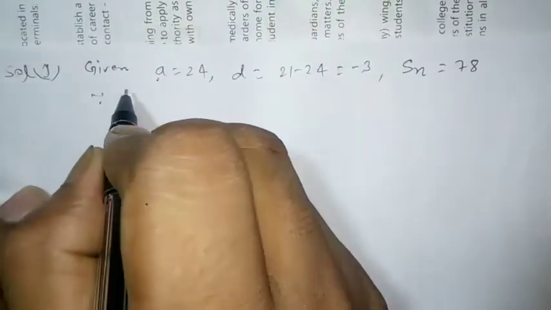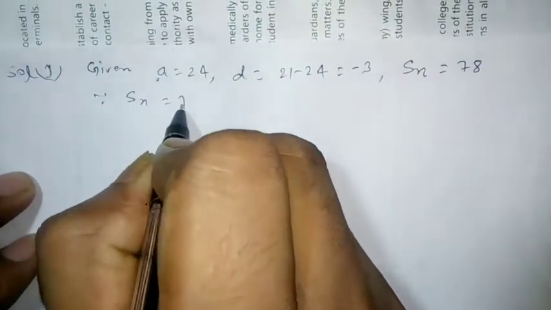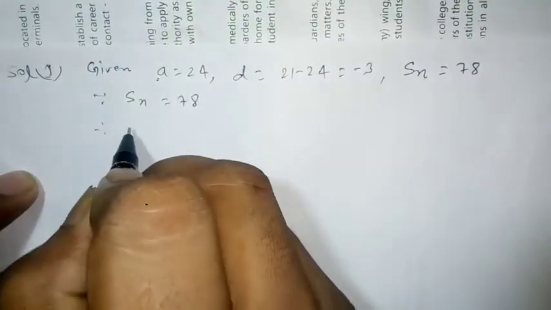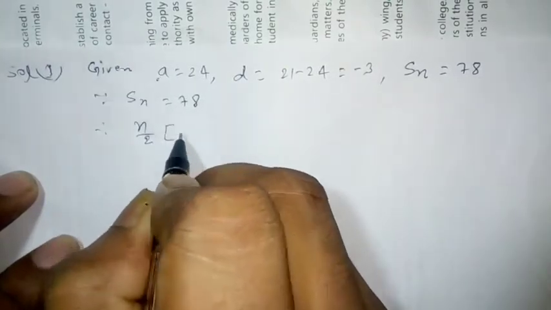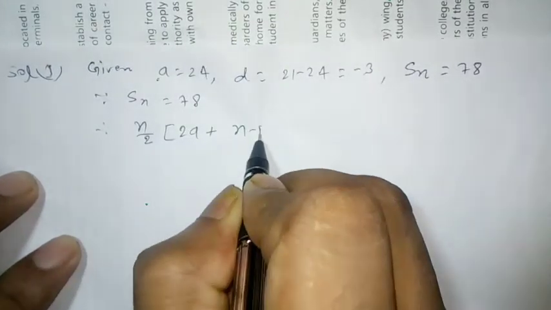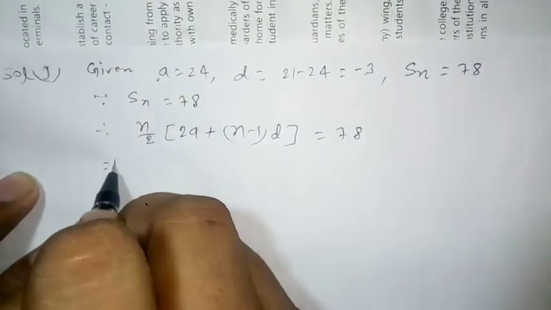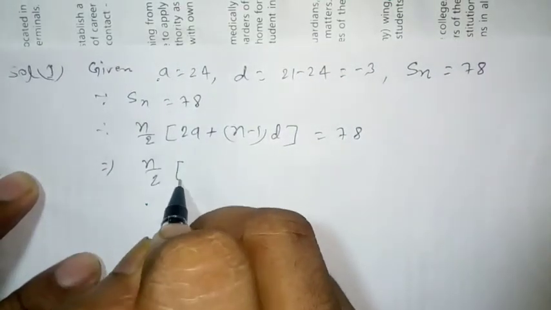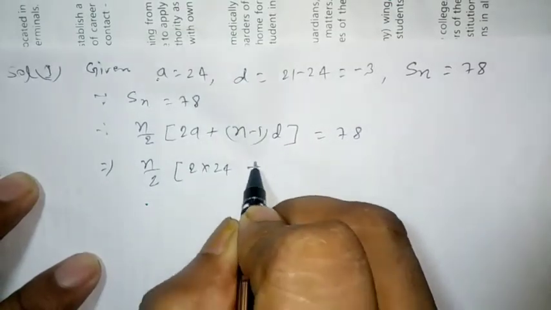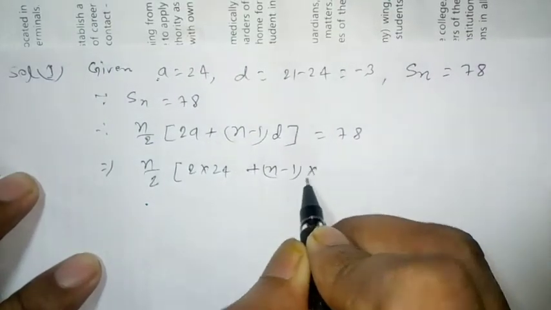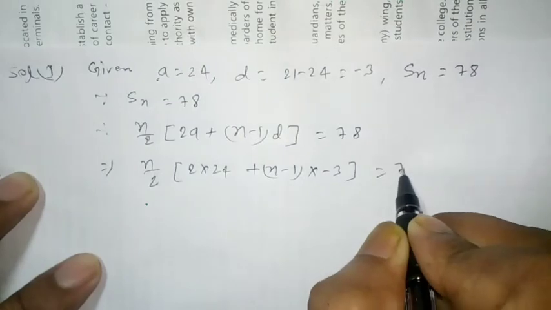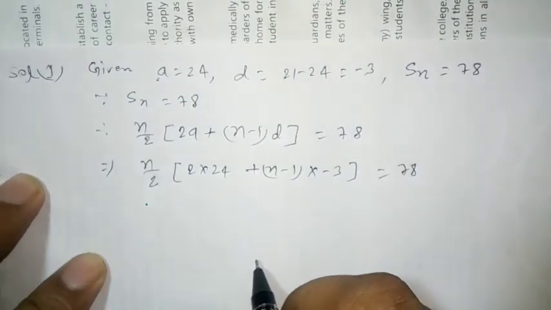Because Sn is equal to 78, therefore n by 2 into (2a plus (n minus 1) into d) is equal to 78. Implies n by 2 into (24 plus (n minus 1) into minus 3) is equal to 78.